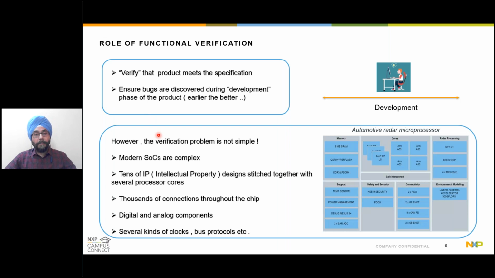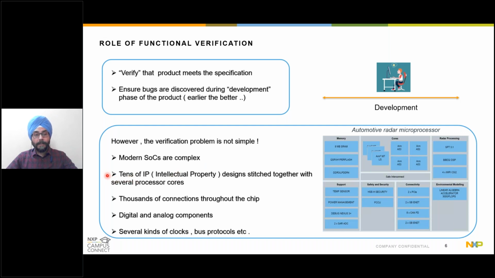Now, this problem is easy to talk about, but it's not really a simple problem, because on the right is a typical automotive radar microprocessor, where you have a lot of IPs integrated on a typical SoC, right? In today's SoC, you have cores, you have radar processing accelerators in this case, you have all different IPs. So modern SoCs are very complex. Why?